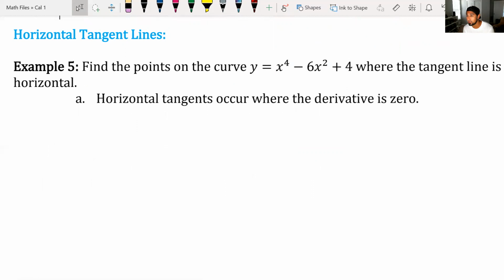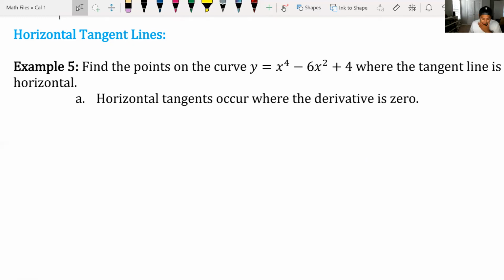If you have a horizontal line, whether it be a tangent line or just a regular horizontal line, the slope of a horizontal line is 0. So in order to locate where a horizontal tangent line is, you're going to take the derivative, set it equal to 0, and solve for x. Simple as that.